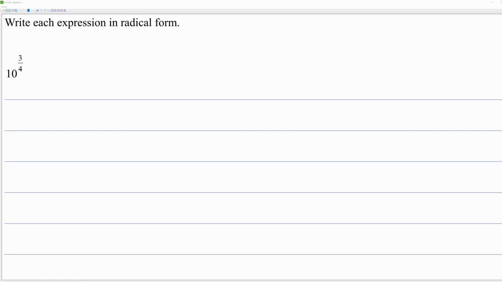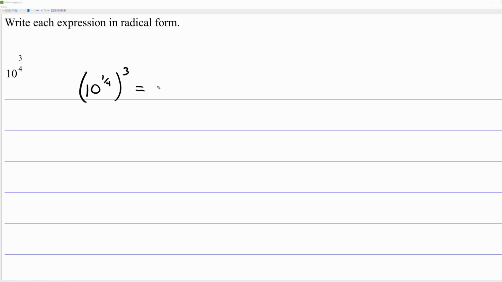So, let's look at this example. Well, 10 to the 3/4 power is different from the previous example because there's not a 1 in the numerator. Rather, there's a 3. So we're going to use an old property of exponents. If you have a power raised to a power, you multiply the exponent. So 1/4 times 3 is 3/4. I haven't changed the problem, I've just separated the exponent into 2 pieces.